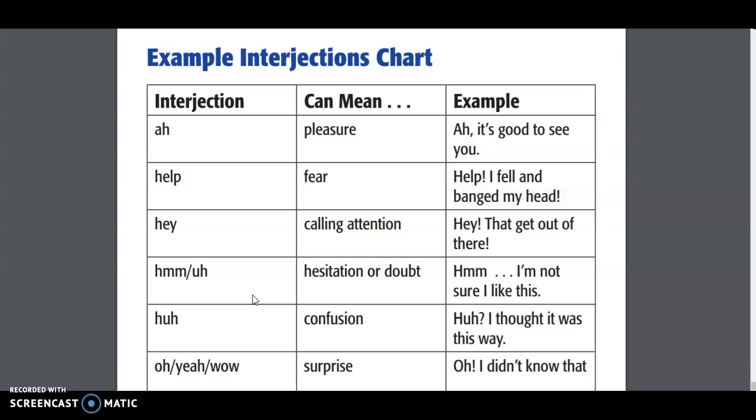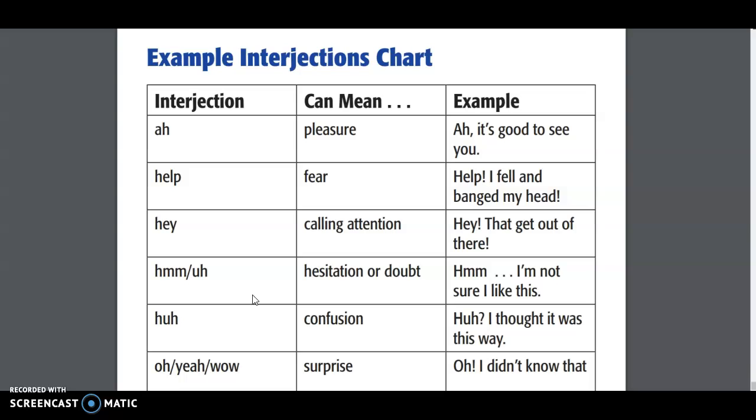Alright, so you're going to add some interjections into your dialogue. Doesn't mean you have to have it in every single sentence, but today you're going to try to add some interjections throughout your dialogue, okay? This is a list that you can use and pull from, and each interjection has a meaning.